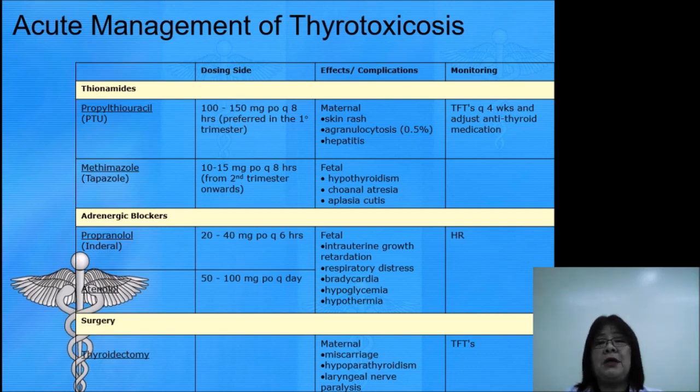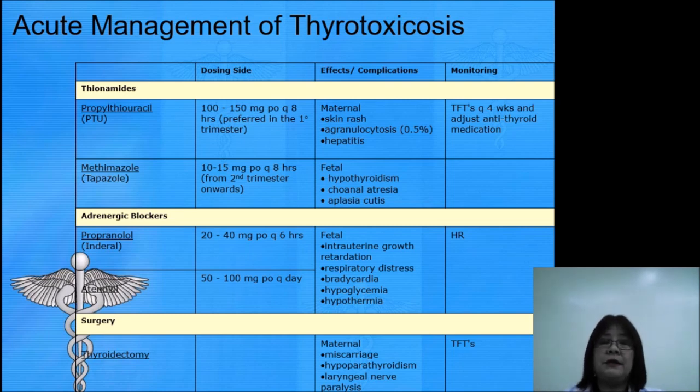How about PTU? What will be the side effects? It can cause skin rash, agranulocytosis, and hepatitis in the mother. Another drug that can be given for thyrotoxicosis is propranolol. Propranolol is used to control tachycardia, but it is not free of complications.